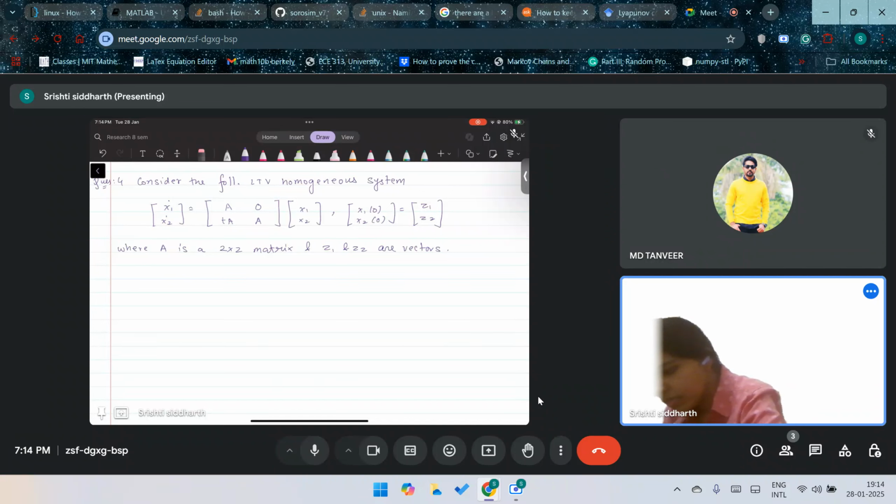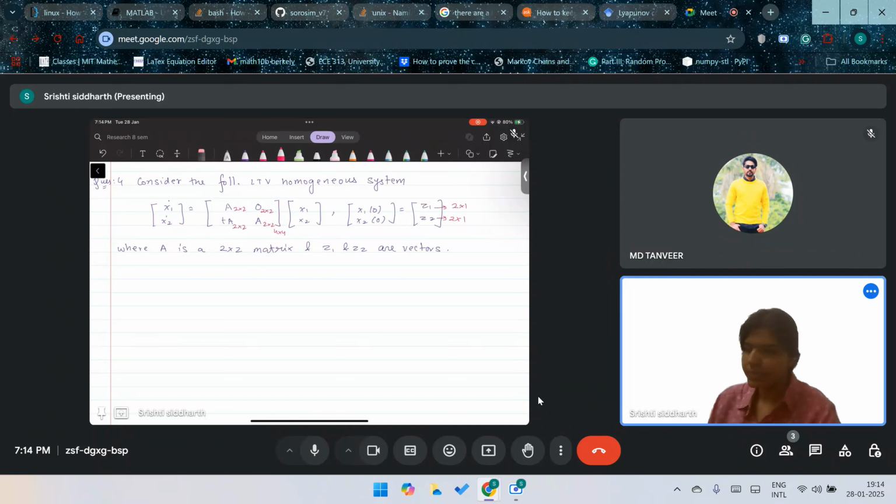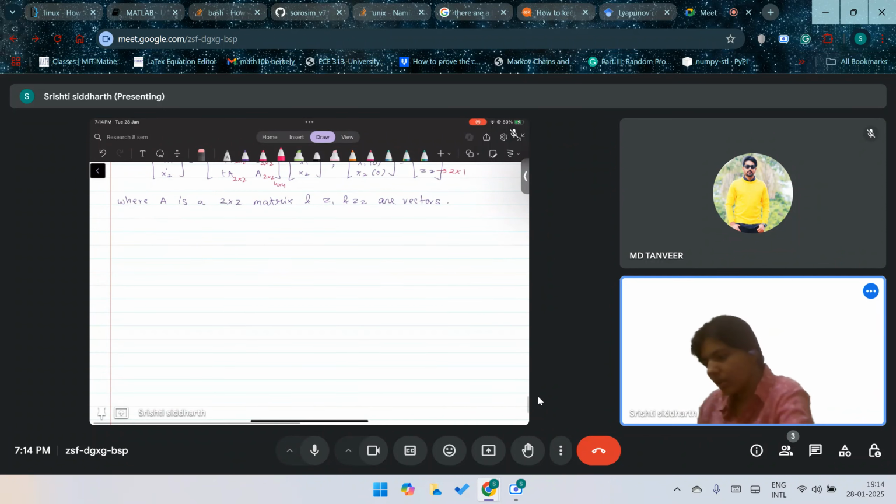So this is a square 2 by 2 matrix, so 2 rows and 2 rows, so this has to be 2 by 2 as well. So this becomes a 4 by 4 system. This is actually a 2 by 1 vector. This is also 2 by 1. So the first part is compute x1 and x2.